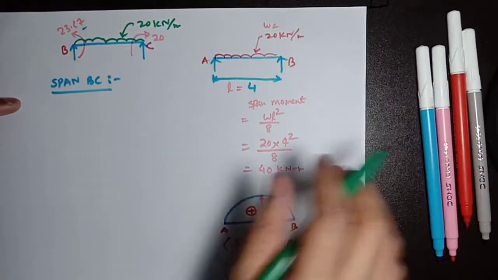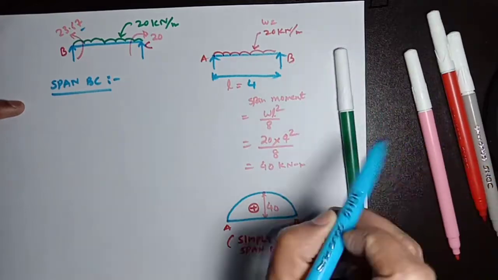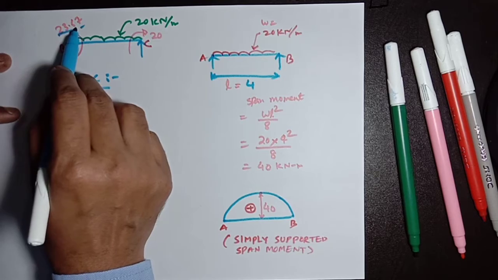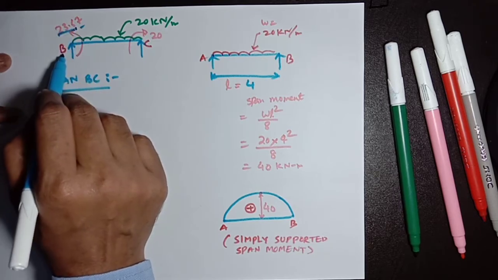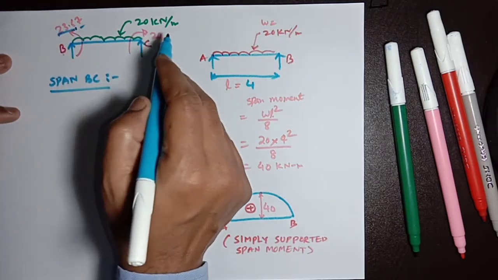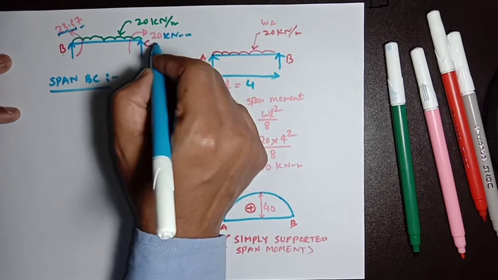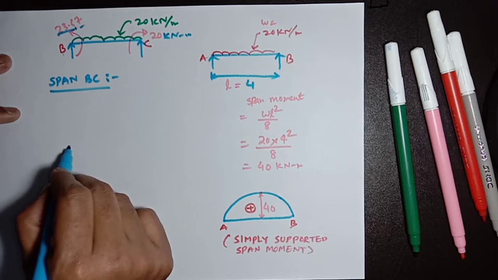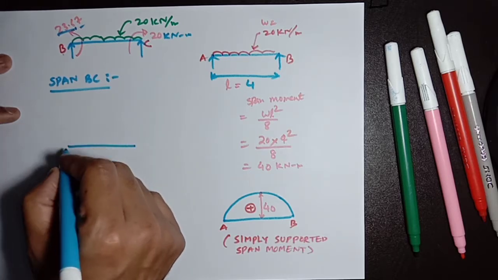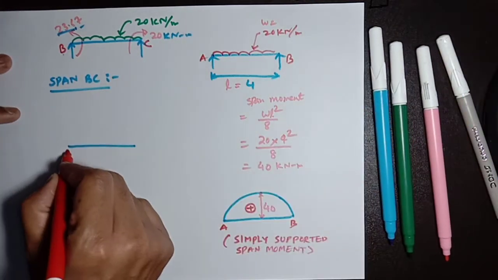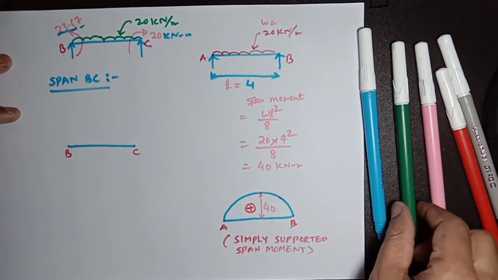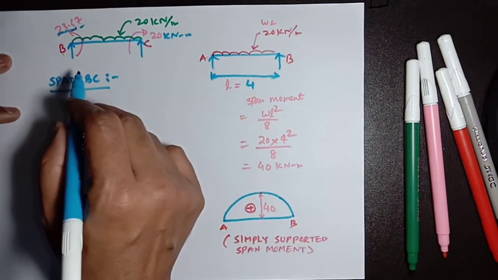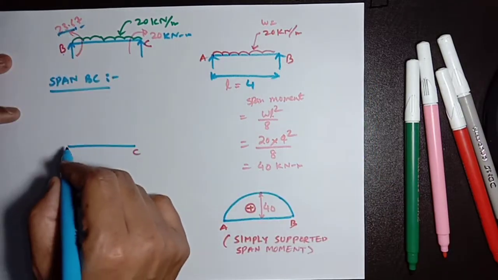Now for span BC, we can see the support moment is 23.67 at support B and 20 kilonewton meter at support C. So we can draw the support moment of span BC. This is point B, this is point C. We can draw the support moment from this value.